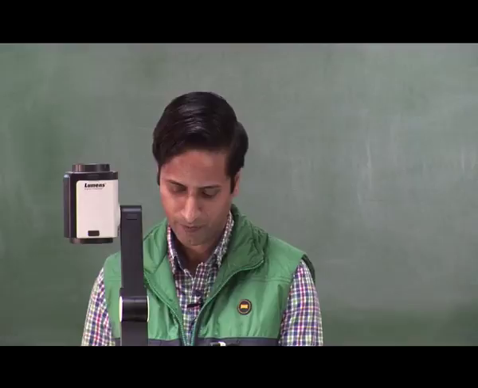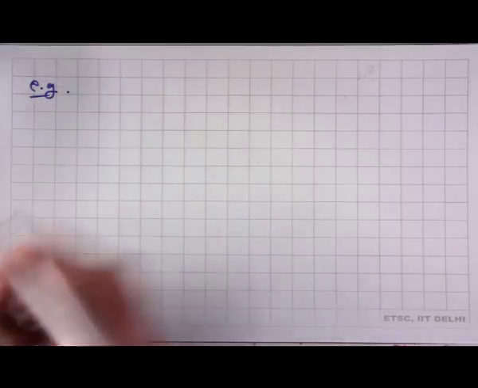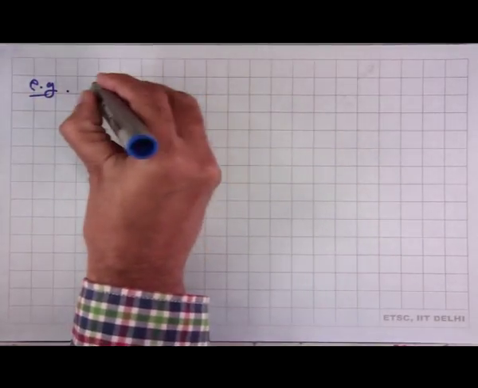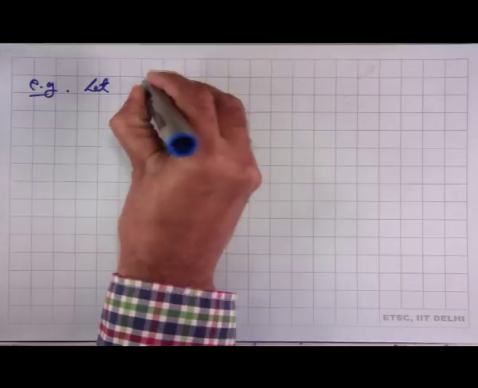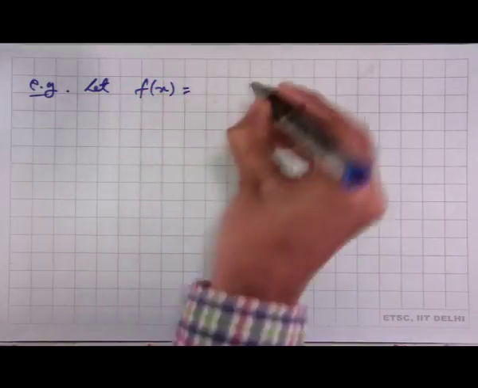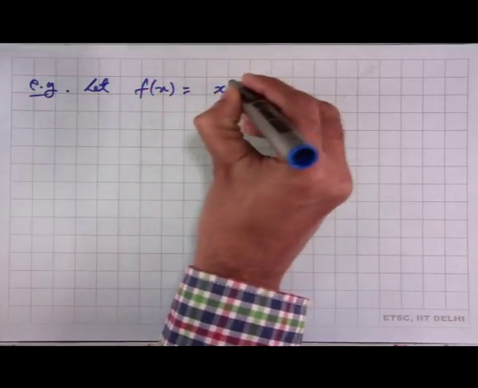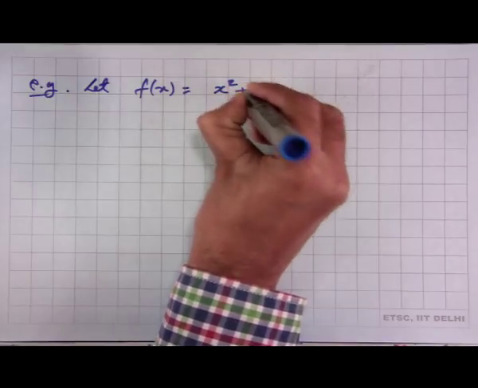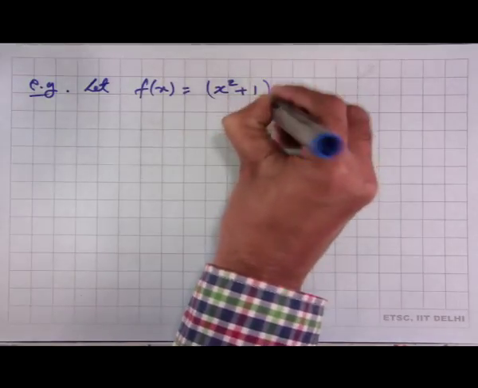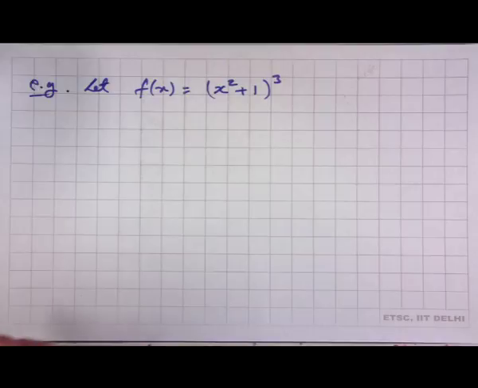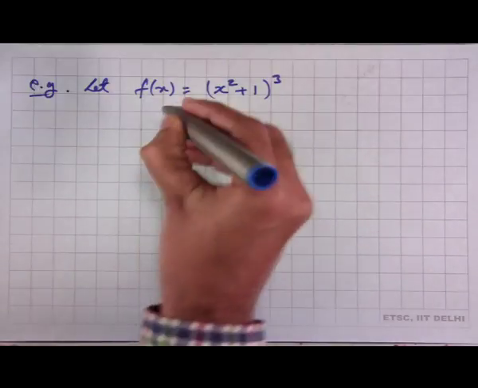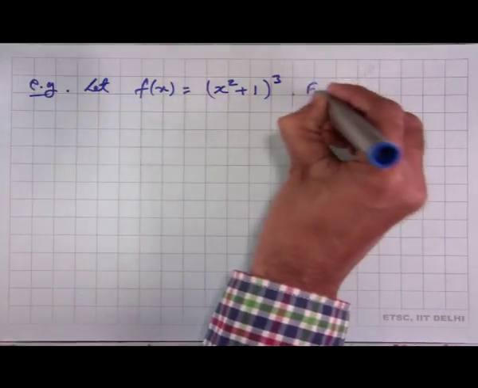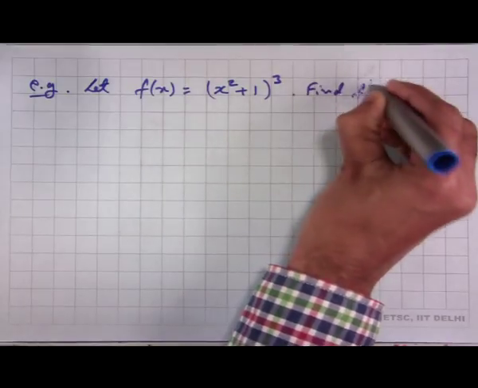Now let us see some examples. Let f of x be equal to x square plus 1 cubed, and then find f prime of x.